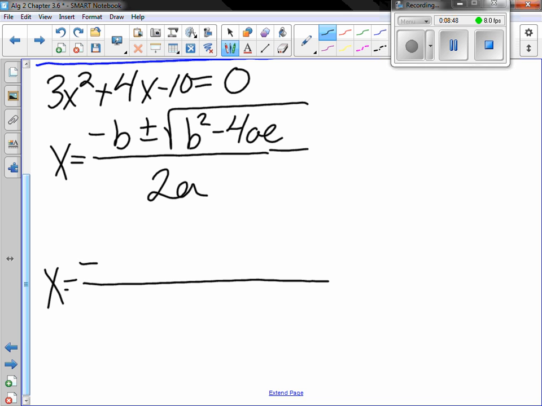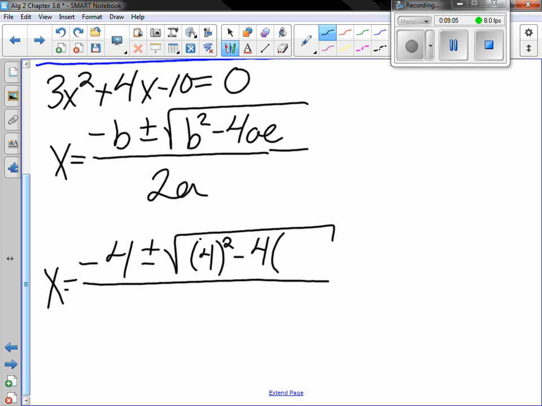The value of b is 4, yes? So this is going to be negative 4. Inside we have 4 squared, b squared minus 4 a, the value of a this time is 3. And the value of c is negative 10, all over 2 times a.